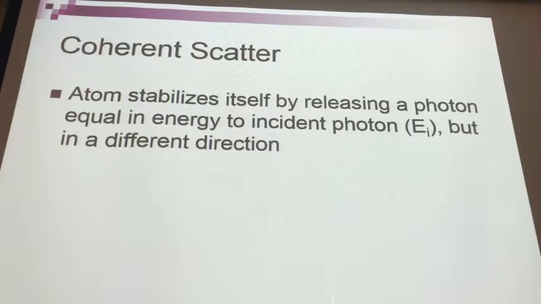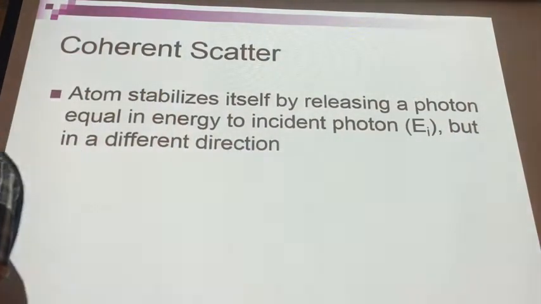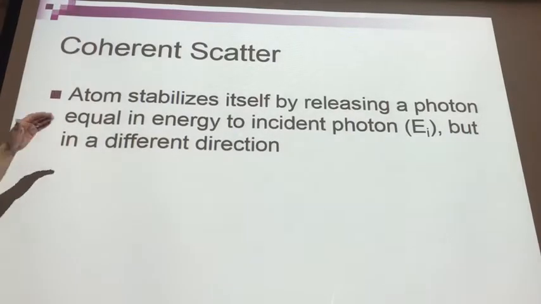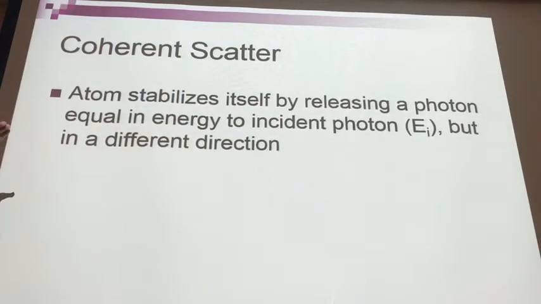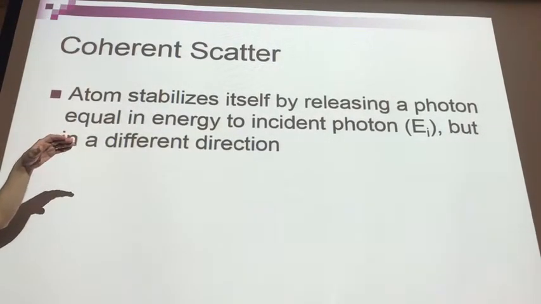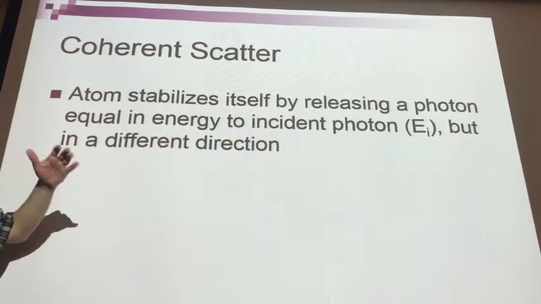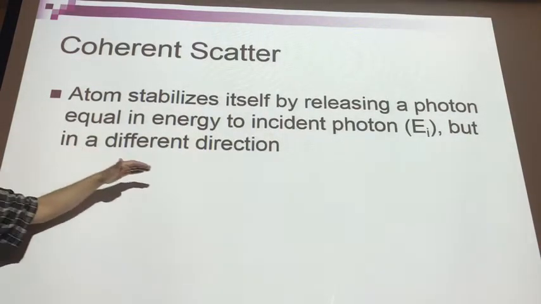So the atom stabilizes itself by releasing a photon equal in energy to the incident photon, but in a different direction. In this case, a photon comes in with a moderate energy, and it can go in.